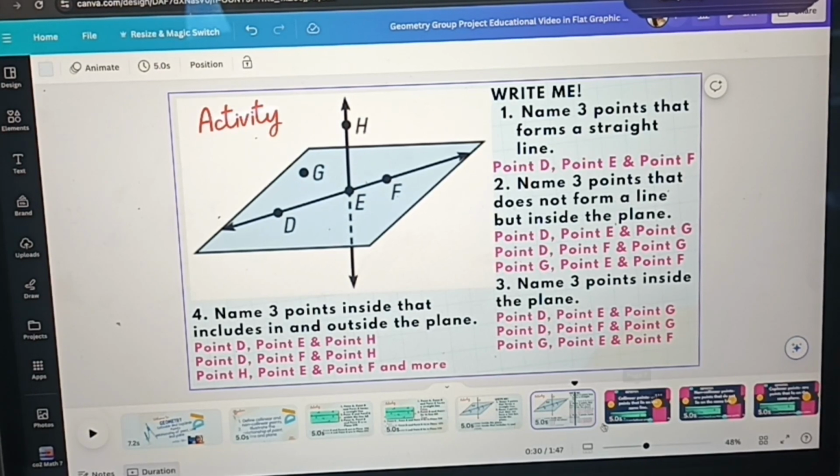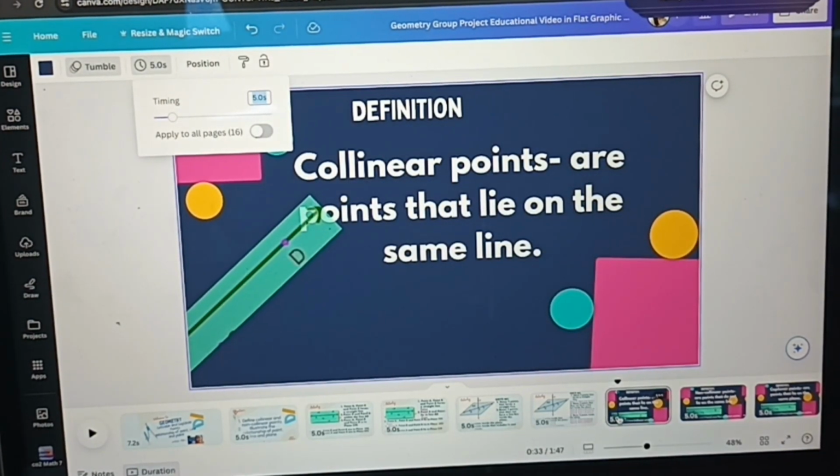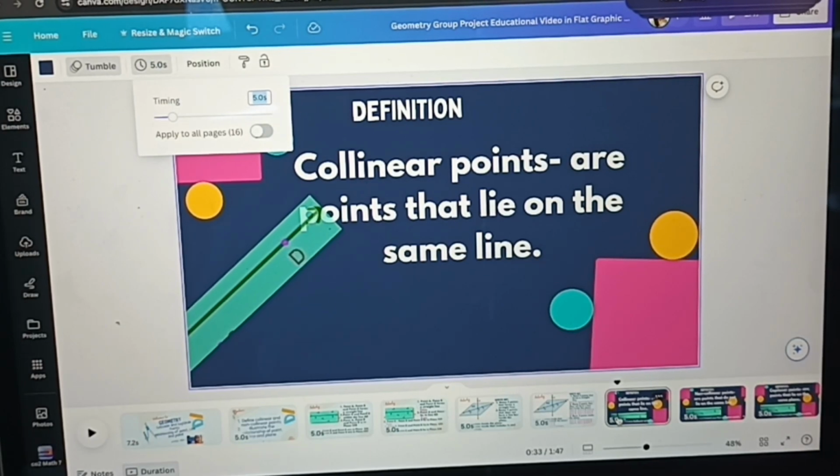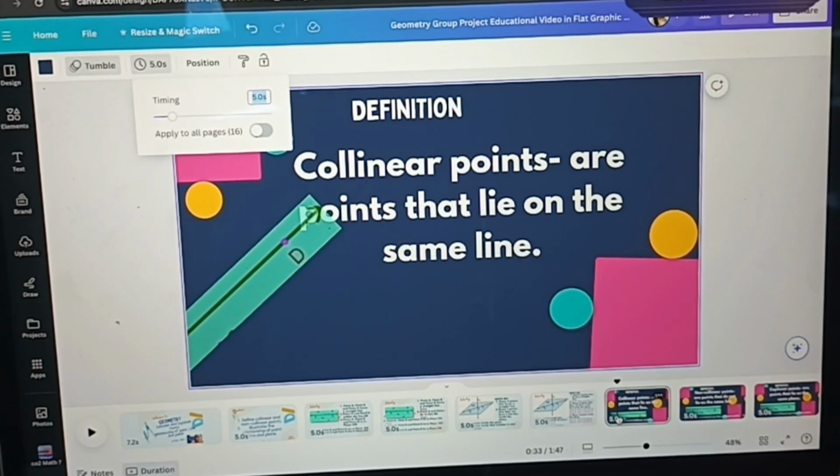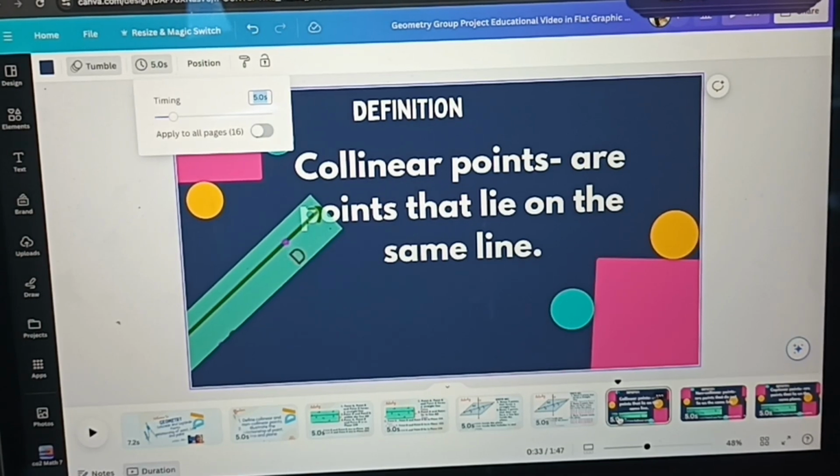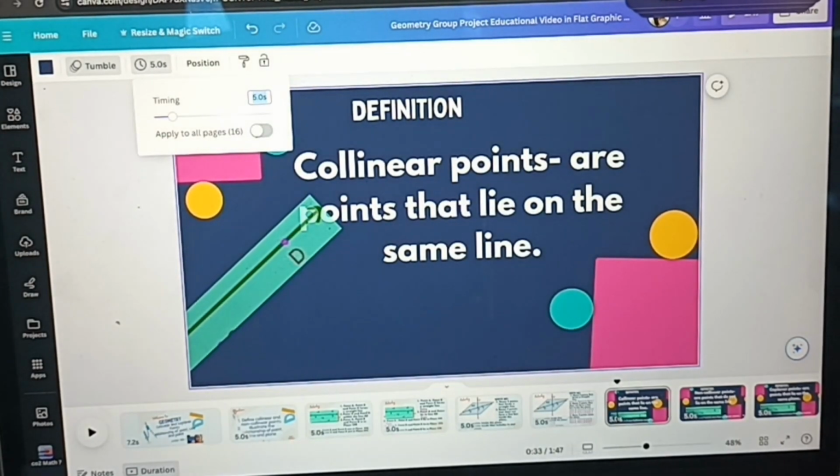Okay, we will now proceed to the definitions. Okay, what are collinear points? In your activity, you identified the points inside the plane that lie on a straight line. When we say collinear points, these are points that lie on the same line.